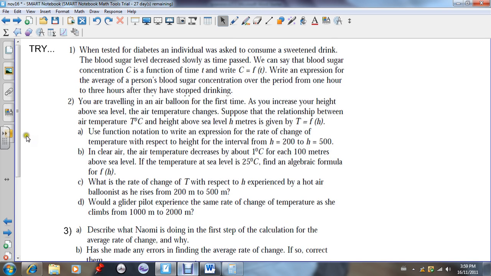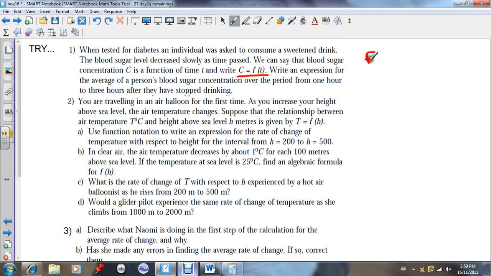Next page. Now, here's what I want you to try. The first one here is kind of weird because they want you to write an expression for the average of a person's blood sugar concentration over the period from 1 hour to 3 hours after they have stopped drinking. Well, all they're telling us here is that C equals f of t.